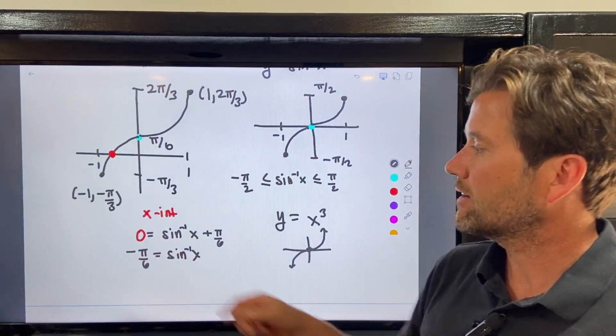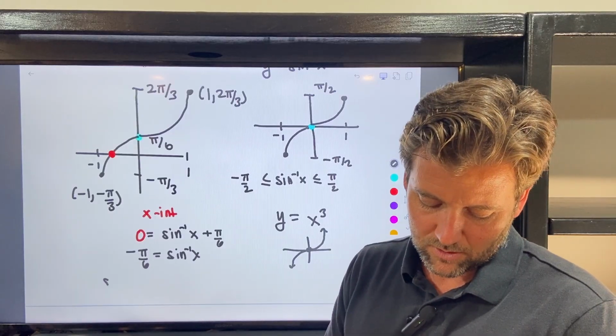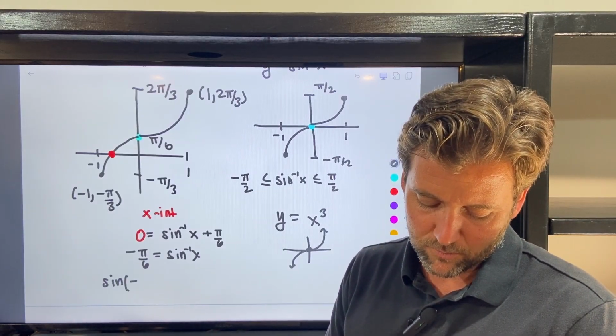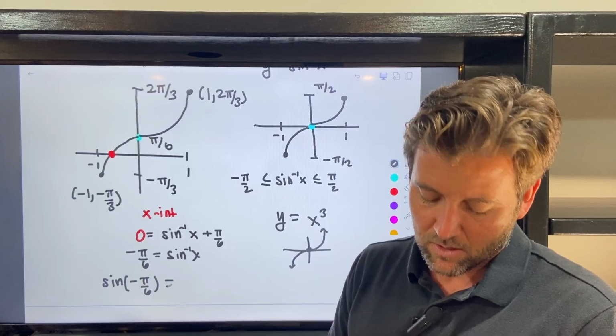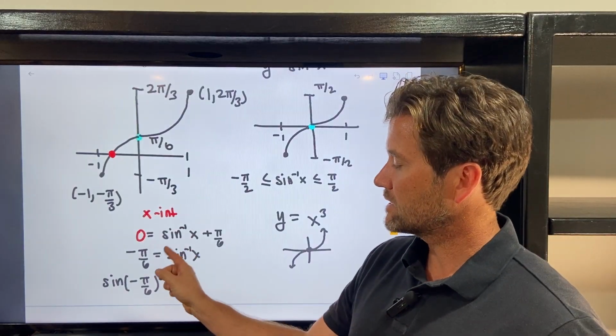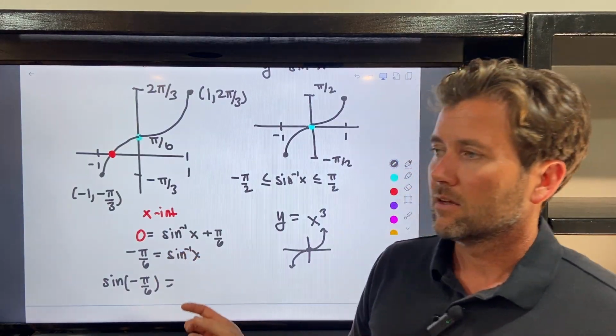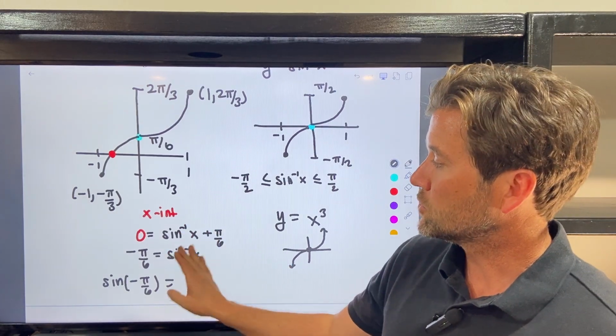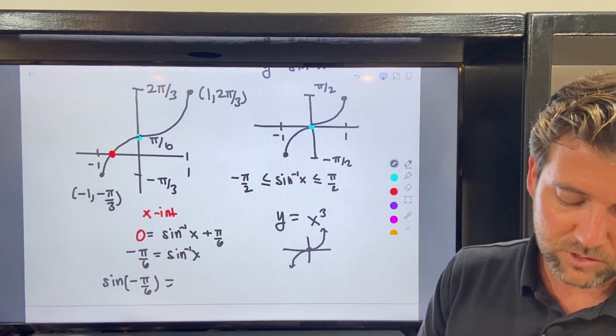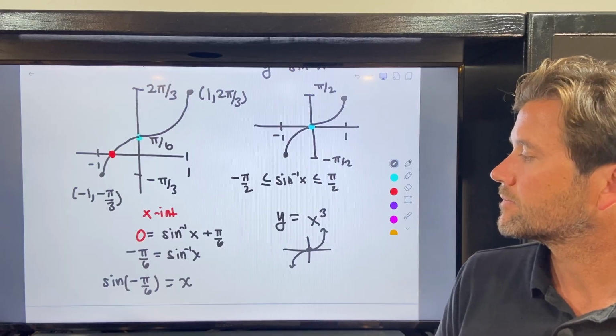So I'm taking the sine of both sides of the equation. So that'd be sine of negative pi over 6. I don't want to write this down, but it would be sine of arc sine of x. The sine and arc sine undo each other because they're inverses. That composition would just give you this x here.